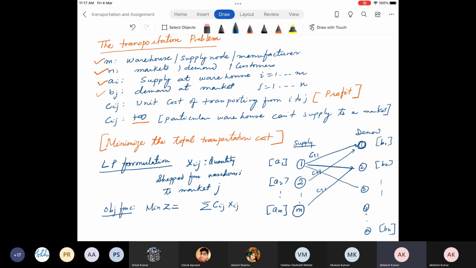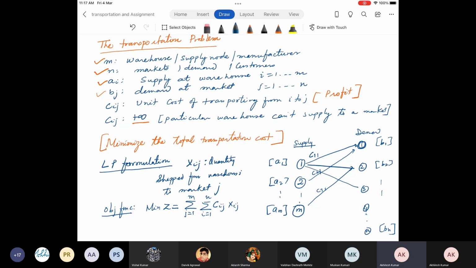The I from 1 to M and J from 1 to N. So double summation, J equals to 1 to M and I equals to 1 to N. Is this correct? Yes. That is your total cost now.